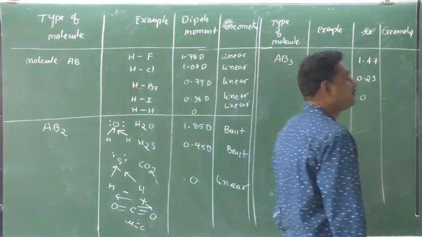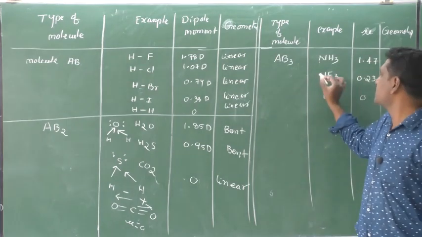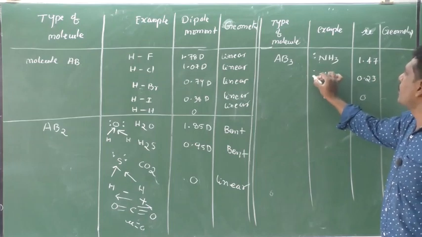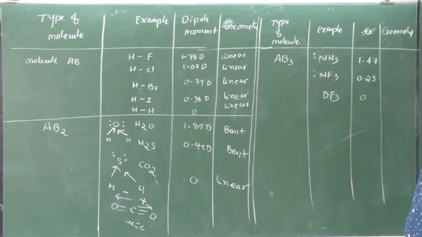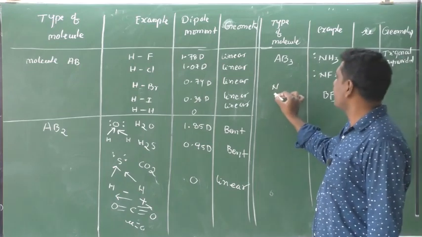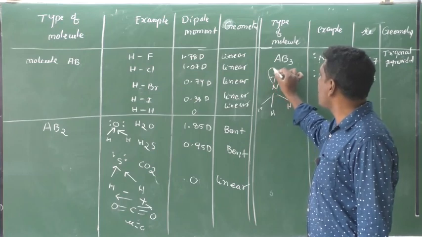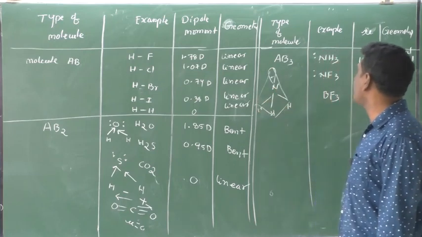Why 0? In case of NH3, the shape is trigonal pyramidal, which is important. Trigonal pyramidal means the shape is like this, with one lone pair.